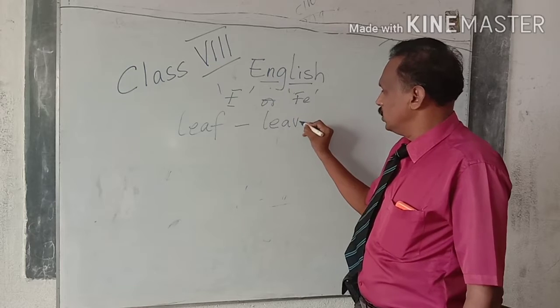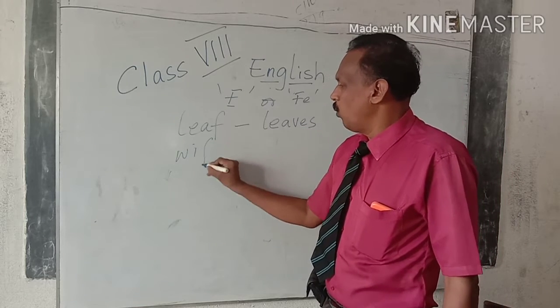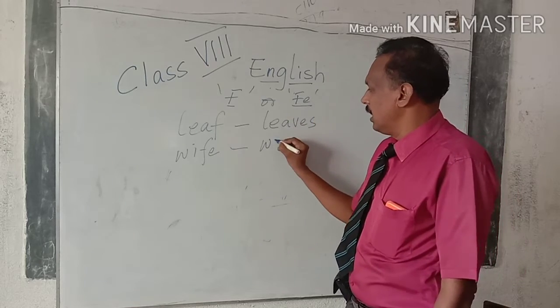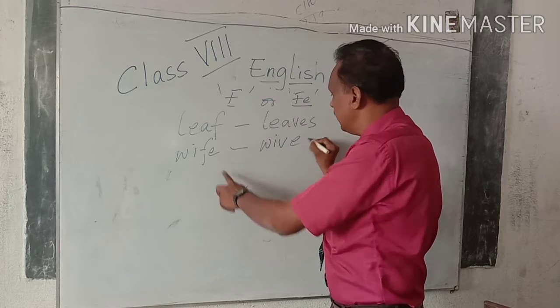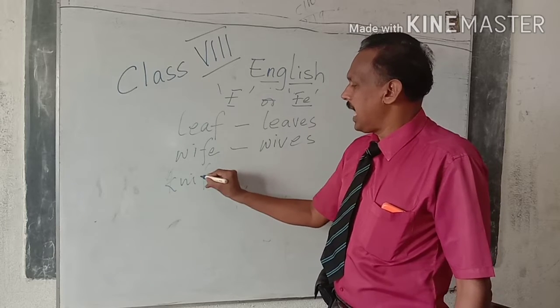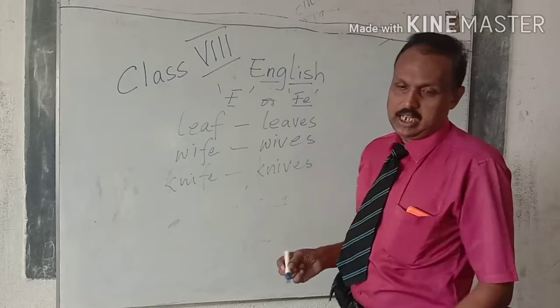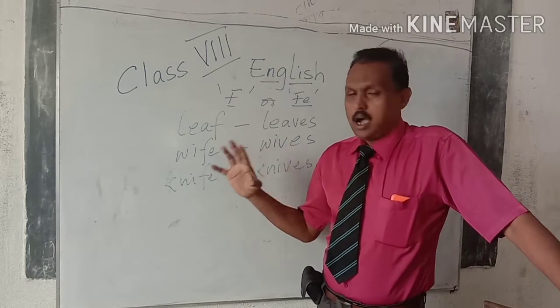L-E-A, F will change into V-E-S. Leaf, leaves. You see, wife ends with FE. What will be the plural? W-I, F will change into V and then we write V-E-S. Wife, wives. The same case with knife. Knife, K-N-I-V-E-S, knives. So these are some of the basic ones that I taught you here, how to form the plurals.